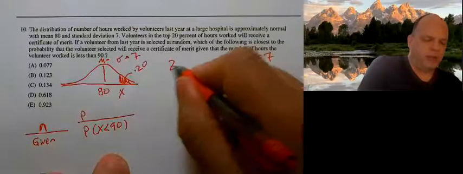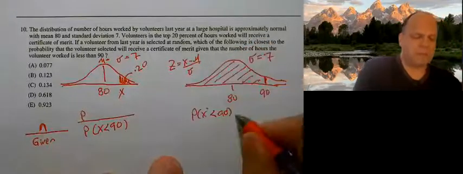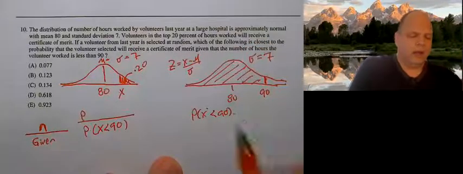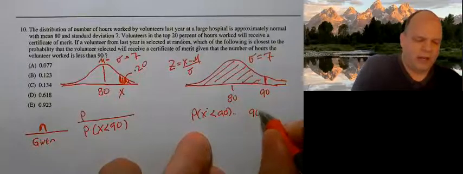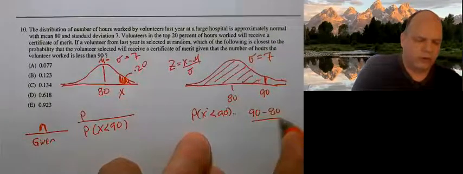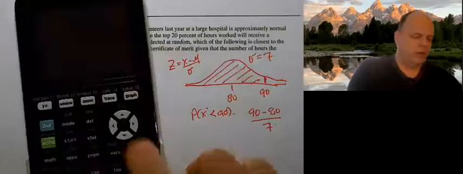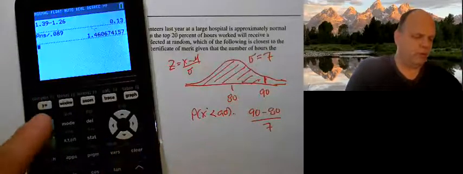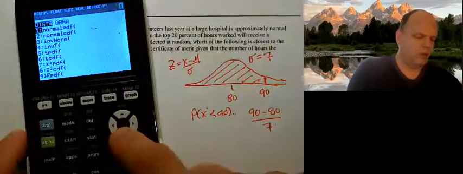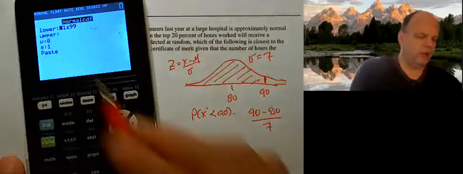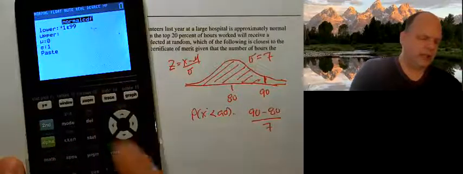And remember, Z equals X minus mu over sigma. And when I plug into that, I'm going to have 90 minus 80 over 7. So second vars, normal CDF, lower bound is negative infinity, so negative 99999.